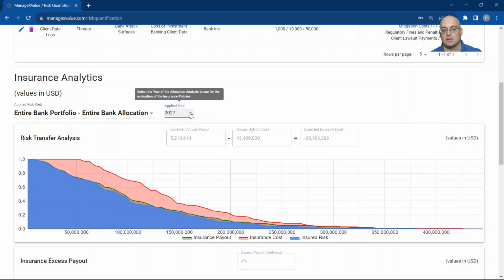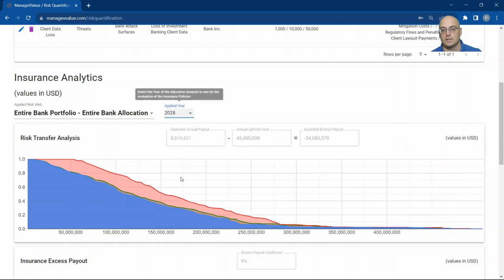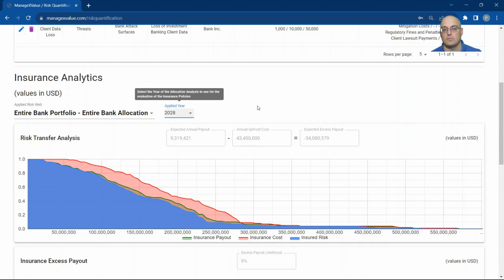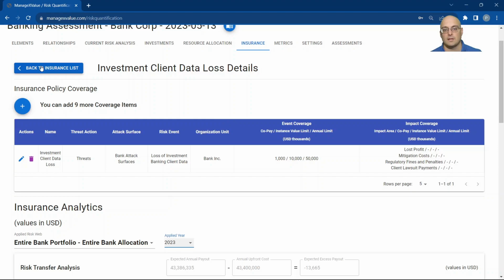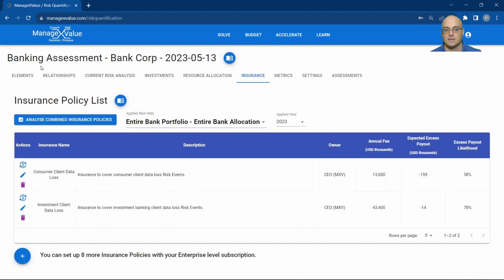And as a result, see how the insurance policy could potentially be repriced every year, considering the changes to the various investments. So that is a very, very useful feature for our clients in order to help their negotiations with the insurance providers and considerations around risk transfer.